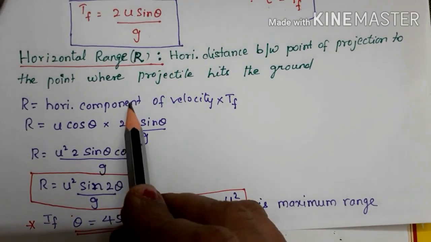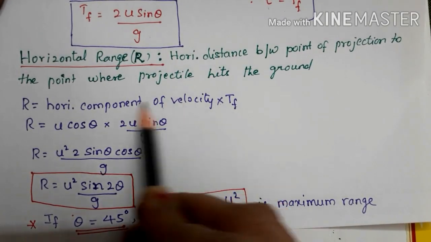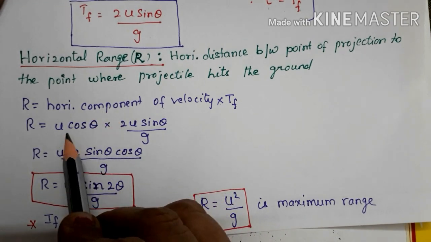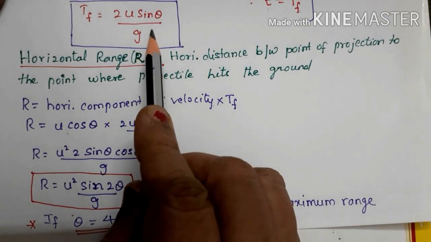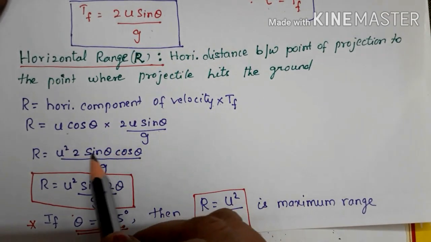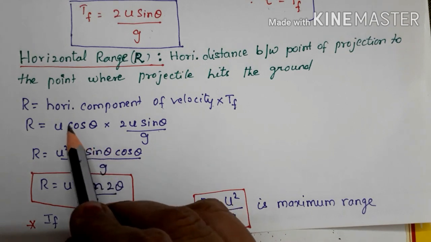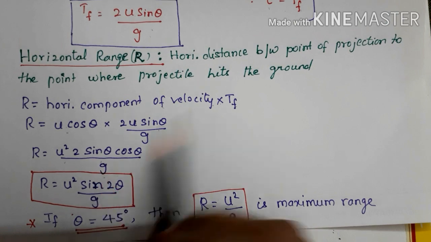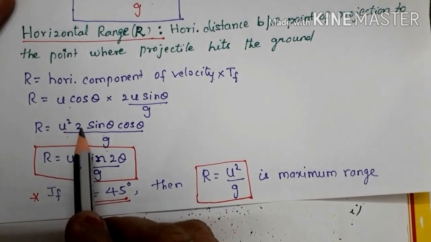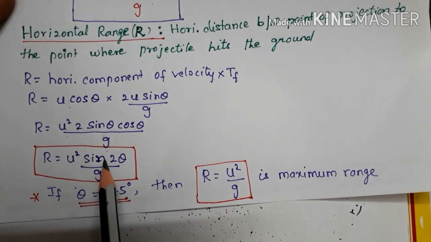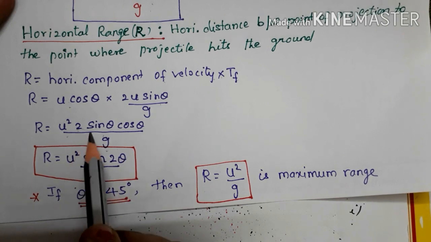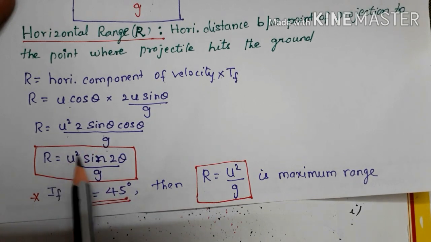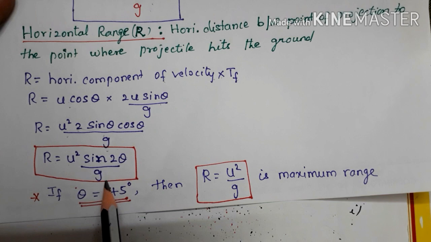The horizontal component is u cos theta, and time of flight is 2u sin theta by g, you know, right? So what will you get? u square 2 sin theta cos theta by g. From the trigonometric relation, 2 sin theta cos theta is nothing but sin 2 theta. So r is equal to u square sin 2 theta by g.